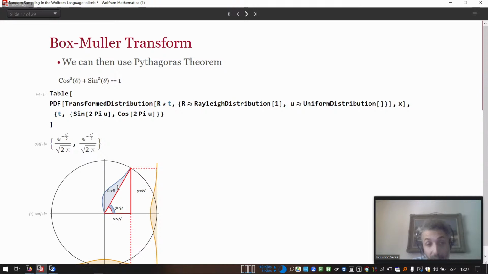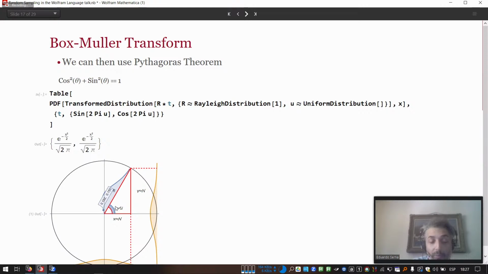We can use this to compute first random variables from the Rayleigh distribution, which we found were cheap to compute, and then use trigonometry to project onto the sides of this triangle using the cosine and the sine, with an auxiliary random variable for the angle, which is uniform.